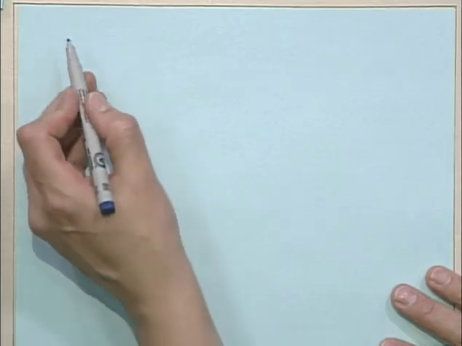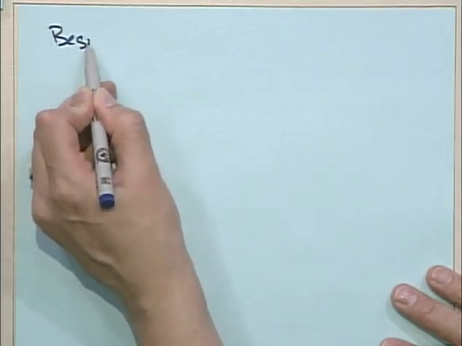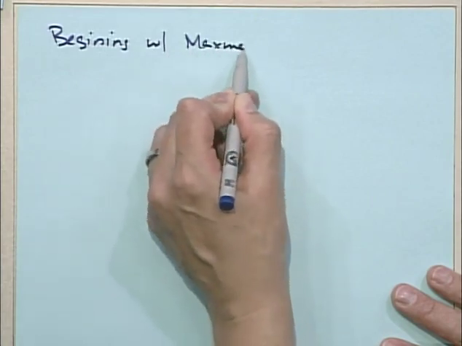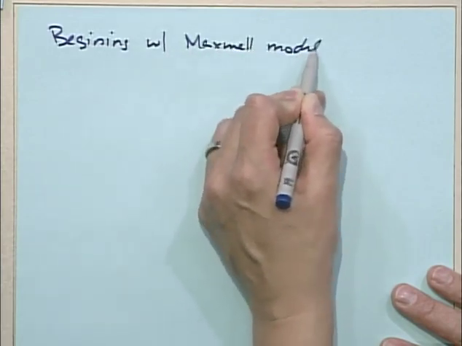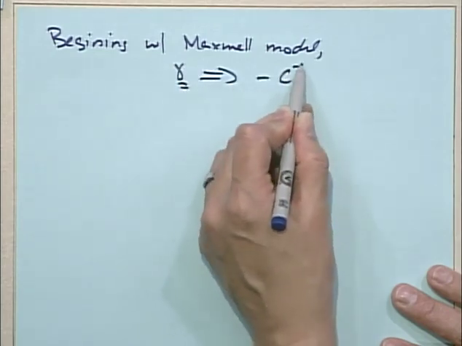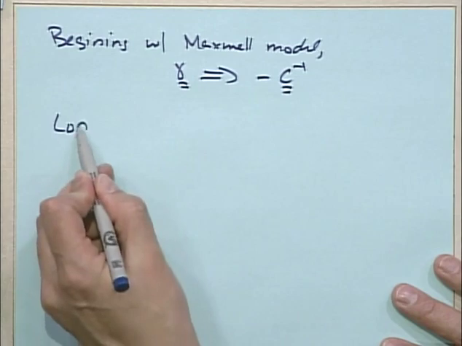So for instance, beginning with the Maxwell model, when we use minus the Finger tensor in place of gamma, we got the Lodge model.